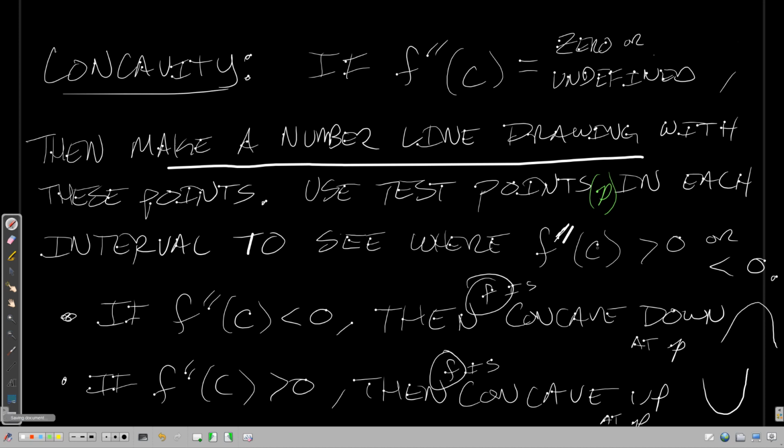And you check in each interval to see whether the second derivative evaluated at the test point is positive or negative. F double prime of C won't be either. It'll be either zero or undefined, because that's what F double prime of C does.